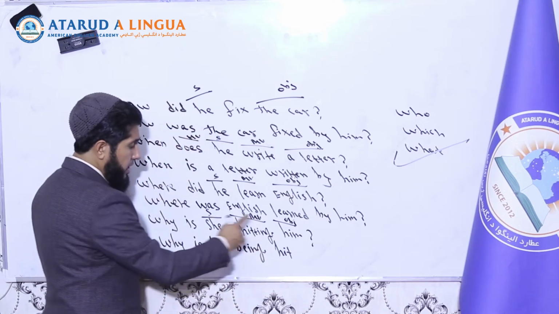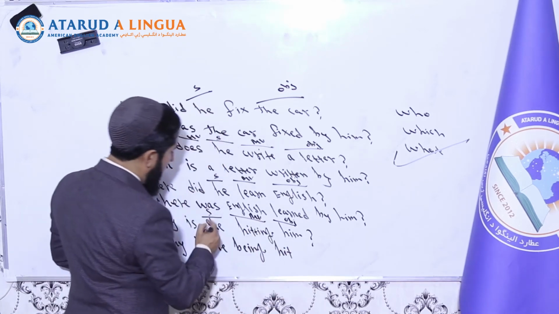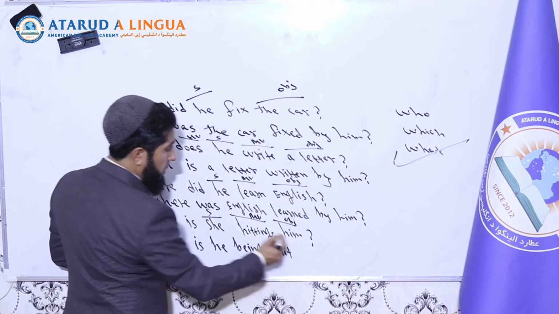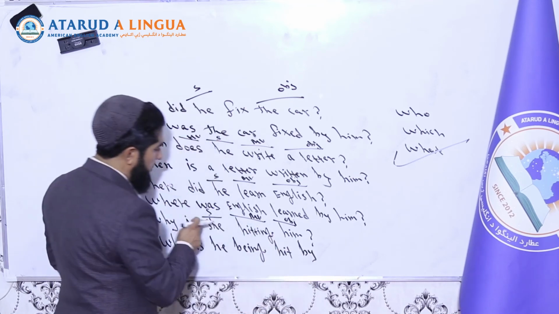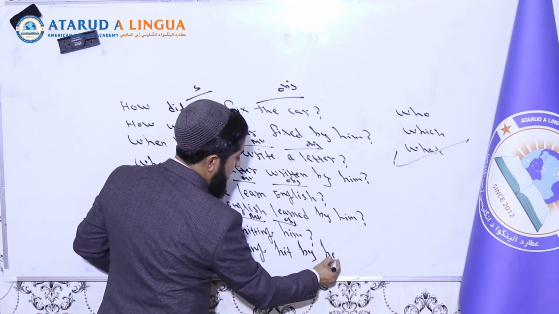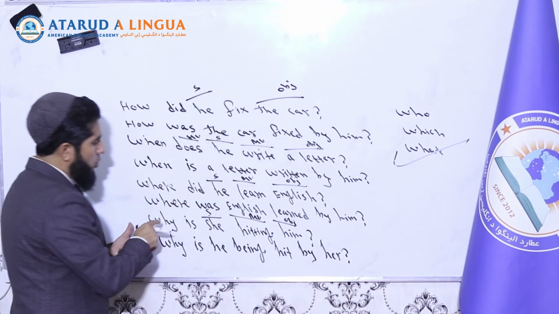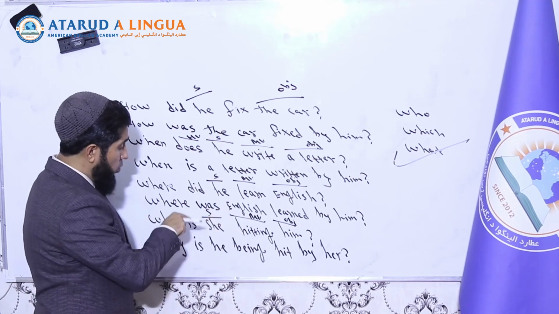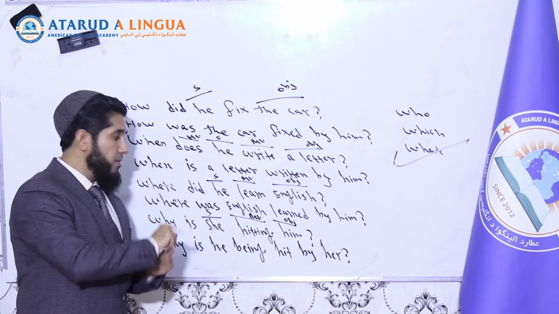So why is he being hit? And now, she is your subject here, but the subject of your active sentence becomes the object of preposition by her. So why is she hitting him, and why is he being hit by her?